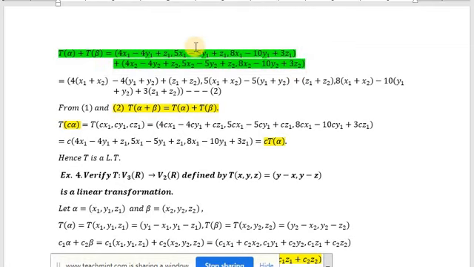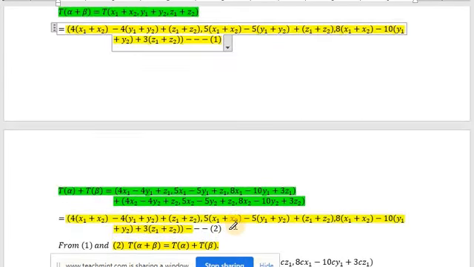Again, by combining these two terms, we get (4 of x1 plus x2 minus 4 of y1 plus y2 plus z1 plus z2, 5 of x1 plus x2 minus 5 of y1 plus y2 plus z1 plus z2, 8 of x1 plus x2 minus 10 of y1 plus y2 plus 3 of z1 plus z2). Take this as equation 2.